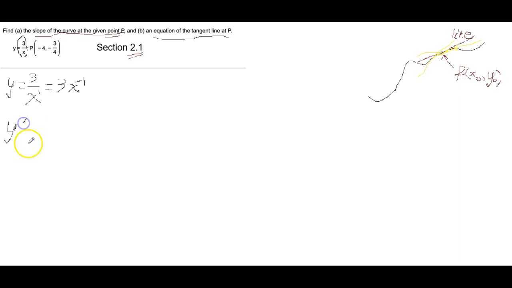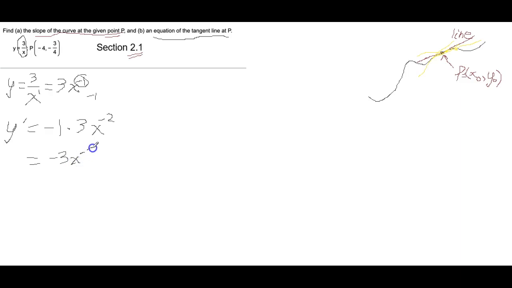Okay. The derivative of y, let's apply the power rule. Right? The power comes down as a multiplier, negative 1 times the 3 and the x, but then we subtract 1 from the power. So minus 1, subtract 1 more gives us minus 2. That's equal to negative 3, x to the negative 2.